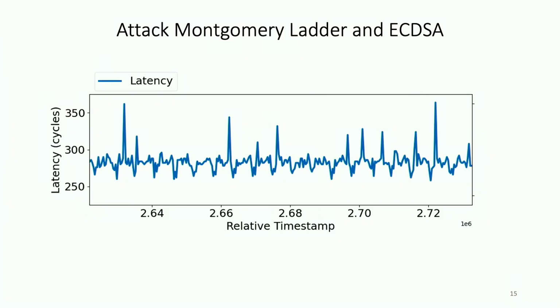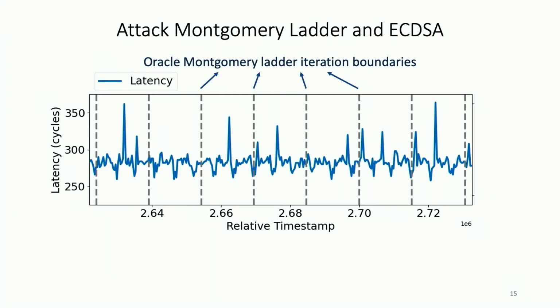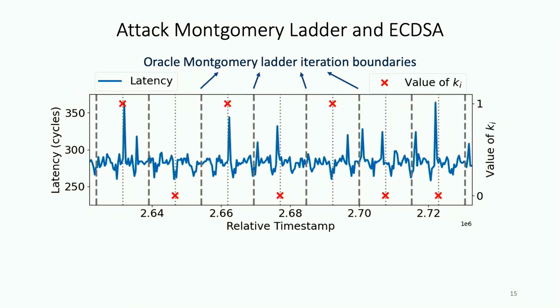Here is a snippet of the attacker measured latency. We instrument the executable to collect the timing information of iteration boundaries, mark the halves of iterations, and the value of ki. From the plot, it's clear that if ki is 1, we see significant latency increases in the second half of an iteration, and if ki is 0, those increases occur in the first half of the iteration.